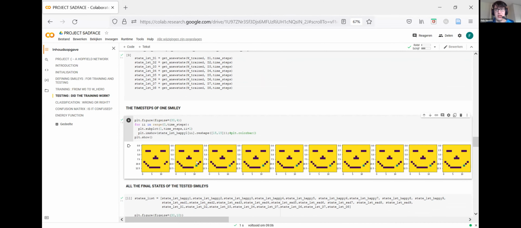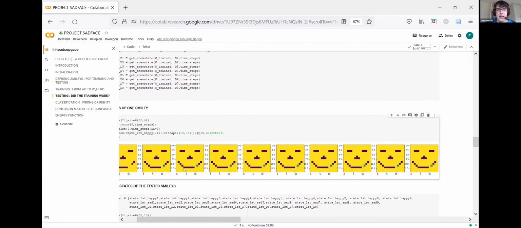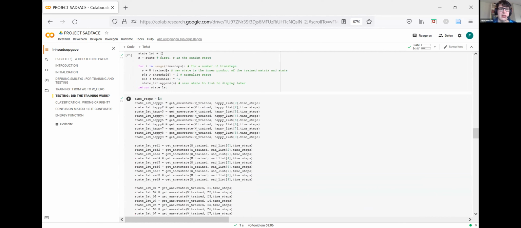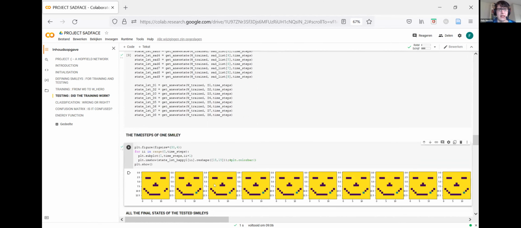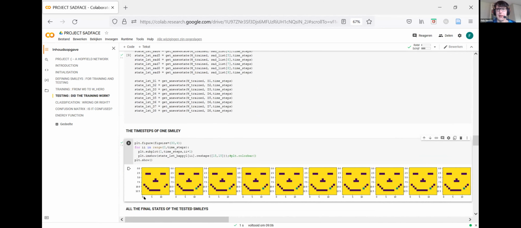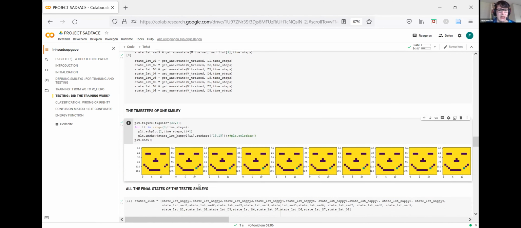Here you can see, since we trained the network correctly, it almost instantly recognizes it. And this is basically the state, because we've put 10 time steps, so it tries to fit it as well as it can over 10 time steps. But since the happy is a very simple one, it gets it right almost immediately.